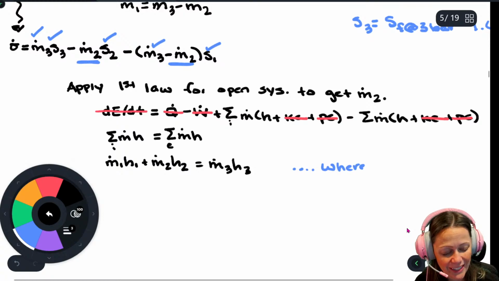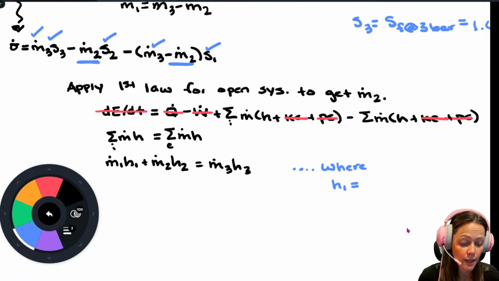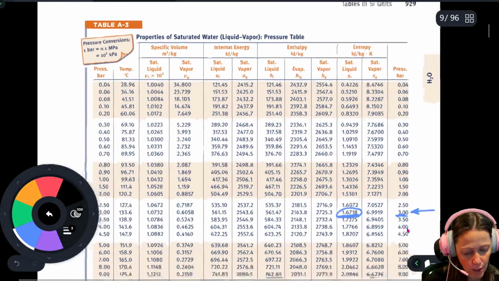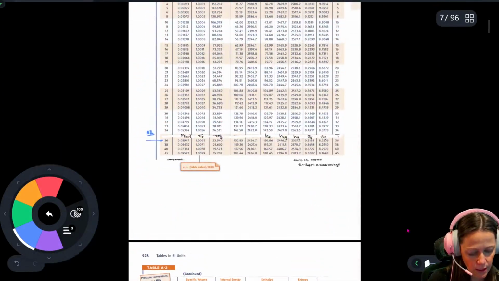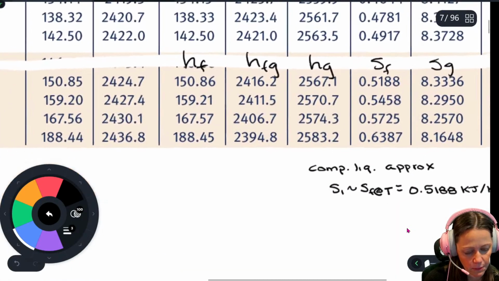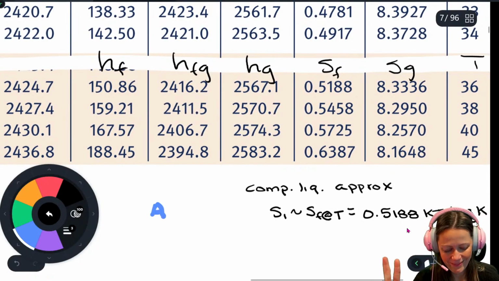And of course, I can find h1, h2, h3, right? So h1, remember state 1, it was compressed. So I know I can use a compressed liquid approximation again. Just to drive home the point, this is table A2.